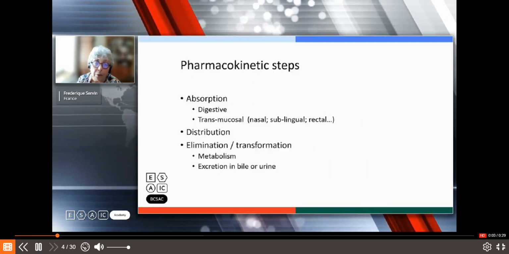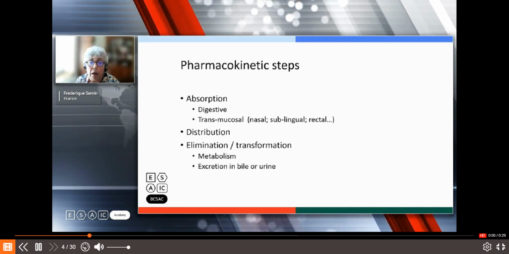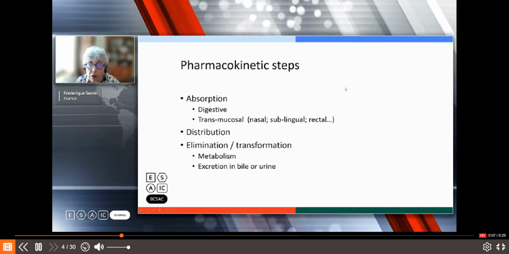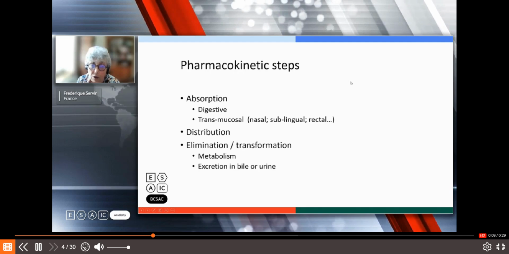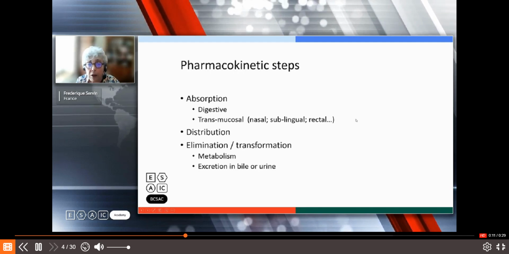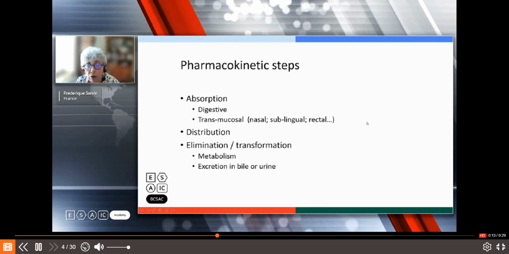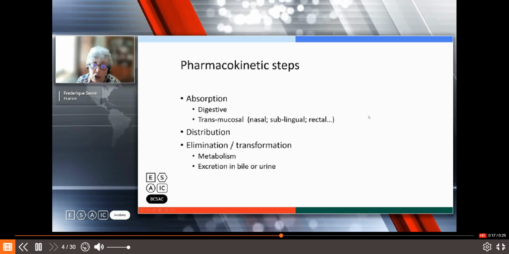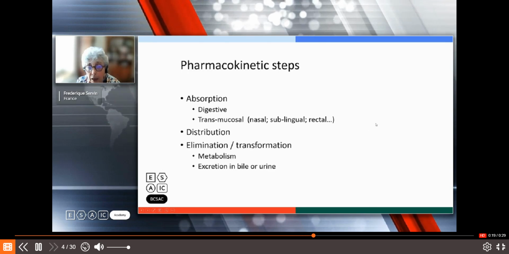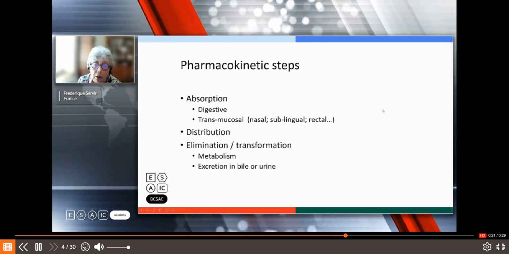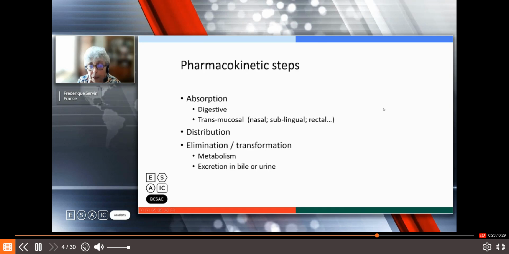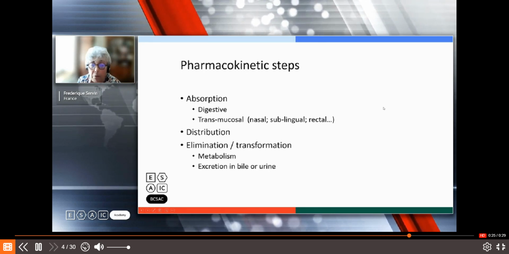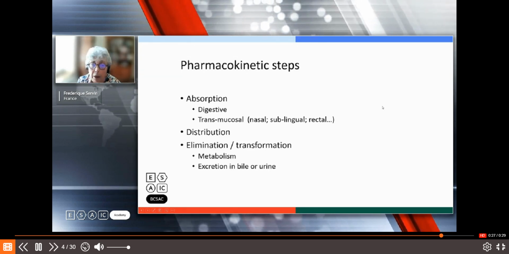The different pharmacokinetic steps are, first of all, the absorption, if the drug is not given intravenously, then the distribution from the central compartment to the various organs and tissues, and then the elimination, transformation of the drug by either metabolism or excretion in bile and urine.